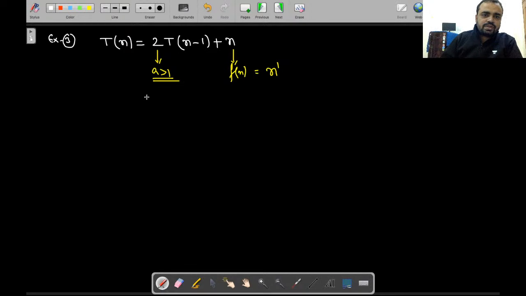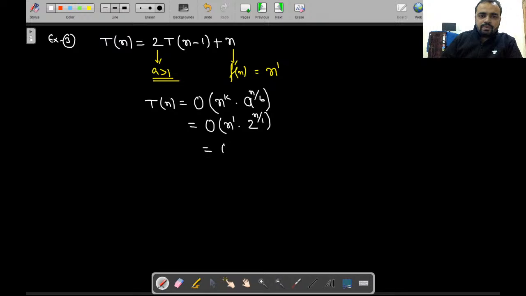In this situation T(n) will become order of n to the power k into a to the power n by b. So this will become order of n to the power 1 into 2 to the power n by 1, which is order of n into 2 to the power n. This will become the final answer.